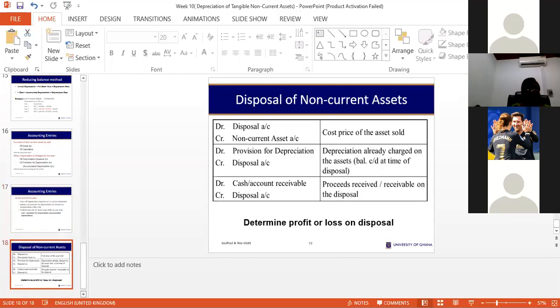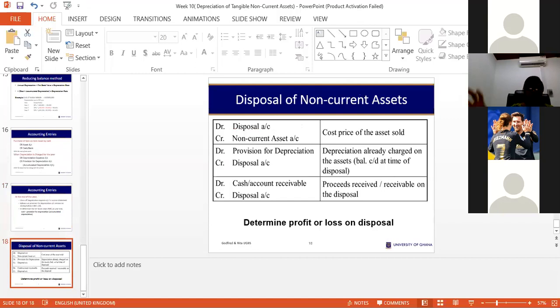Finally, now the same asset we are depreciating, at certain points, we can decide to dispose of it. Disposal just means to sell it off. Why? Because we don't want the assets to break down. Certain times we know that when assets, after usage, if we leave them, they become a cost to us because you have to store them somewhere.